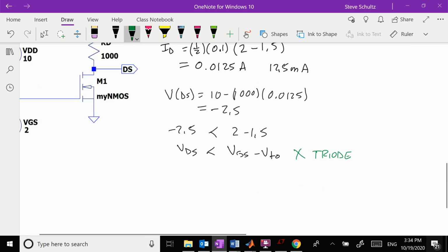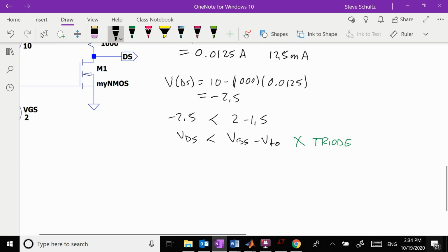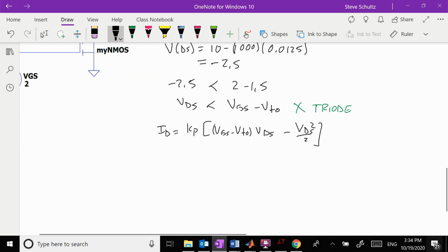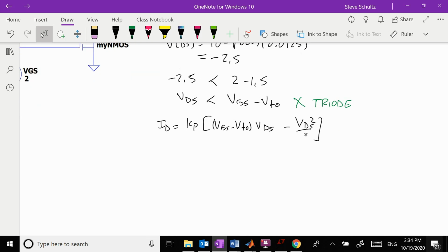Okay, so now we're going to have to use our triode equation. So now we have ID equals KP times (VGS minus VTO) times VDS minus VDS squared over 2. Those are our equations. Well, we have to plug in the equation for VDS.